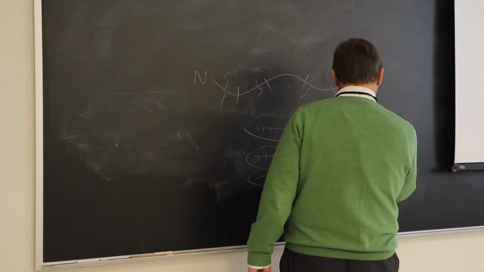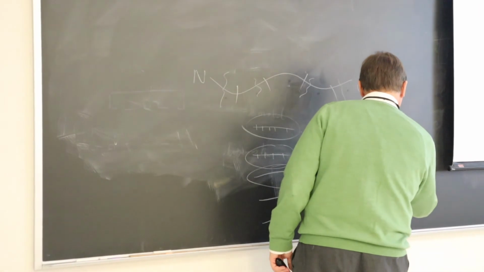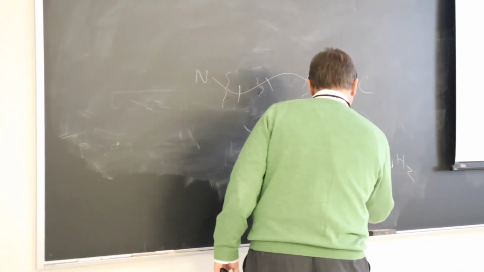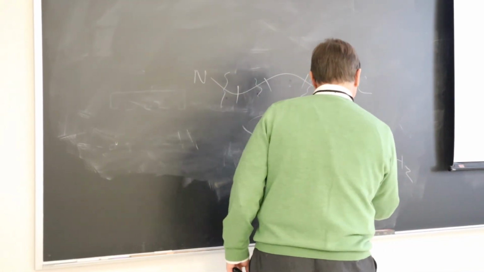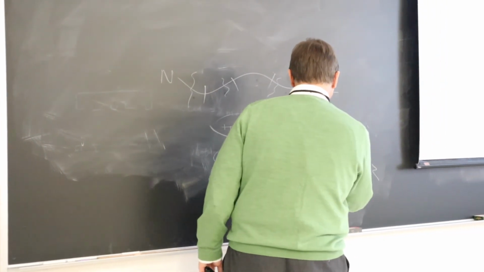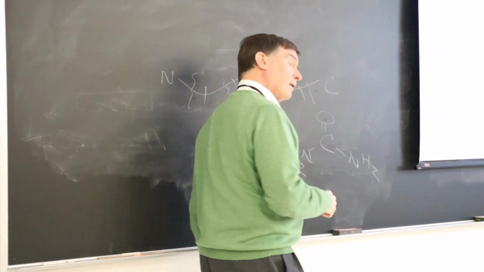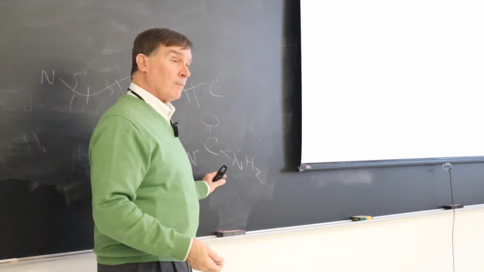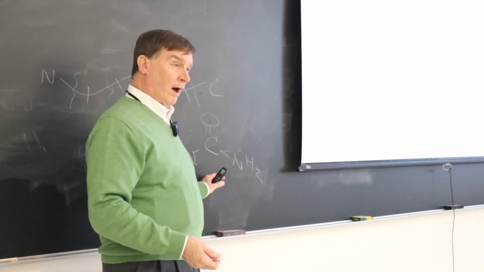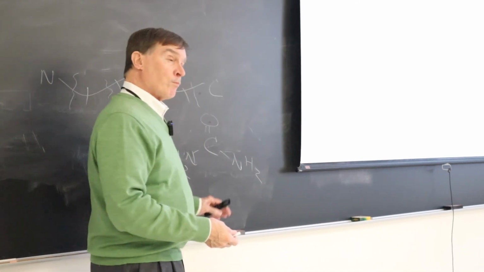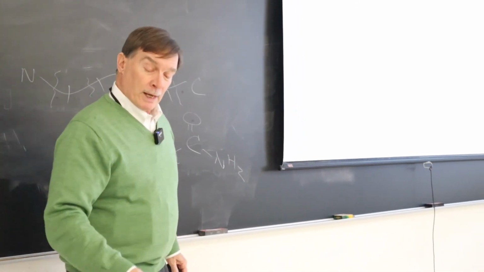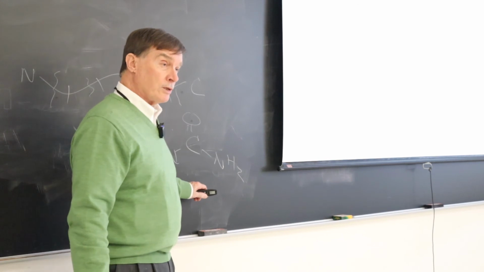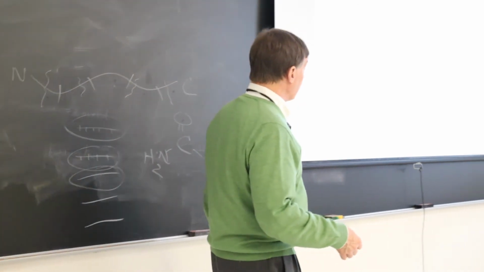You don't think about this, but this is what you urinate every single day. A CO with an NH2 and another NH2, and that's urea. That's your body's way of getting rid of nitrogen. We'll talk about that down the road in chapter 25. Okay, we'll say a lot about that. But that's the structure of urea. And that can exist in high concentrations in water, and it denatures proteins, so that's a good thing.